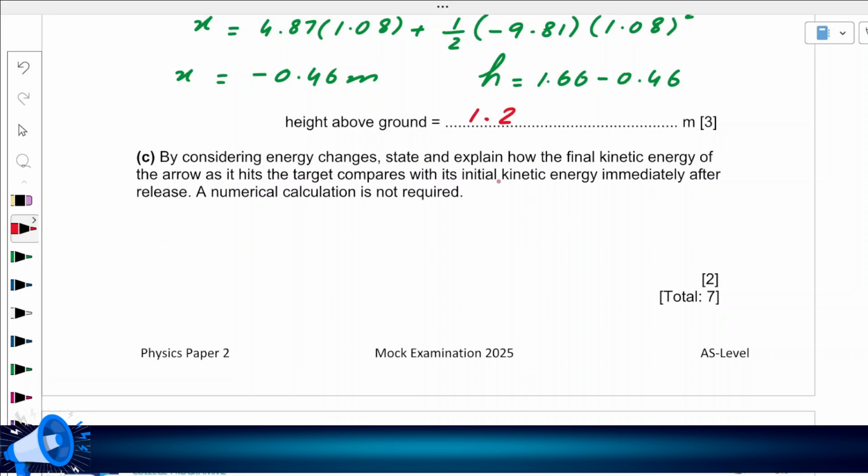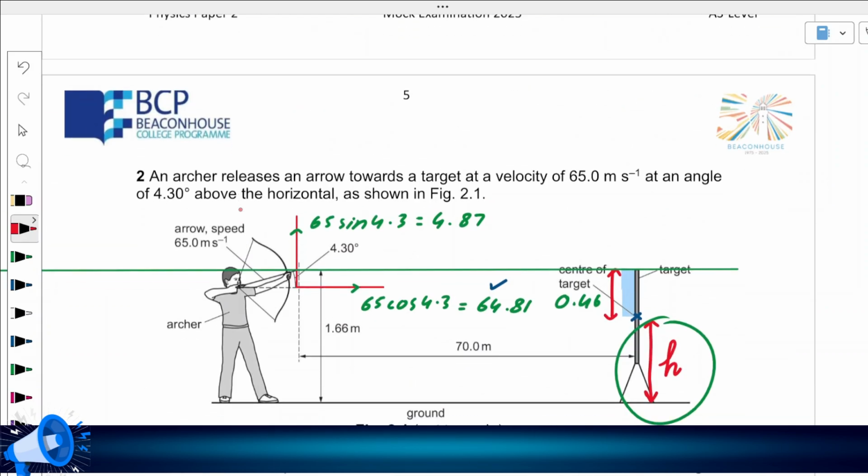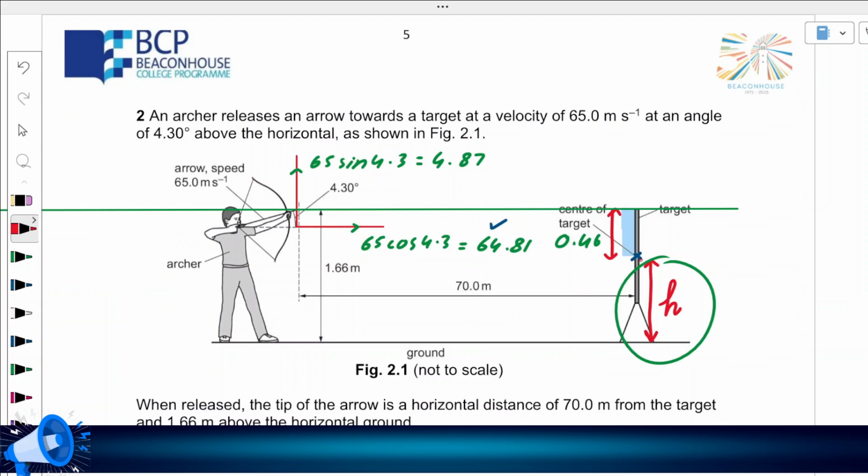By considering the energy changes, state and explain how the final kinetic energy of the arrow as it hits the target compares with the initial kinetic energy. Okay, a numerical calculation is not required. You see, as it hits the center of the target, its gravitational potential energy decreases. So what happens to that decrease in gravitational potential energy?